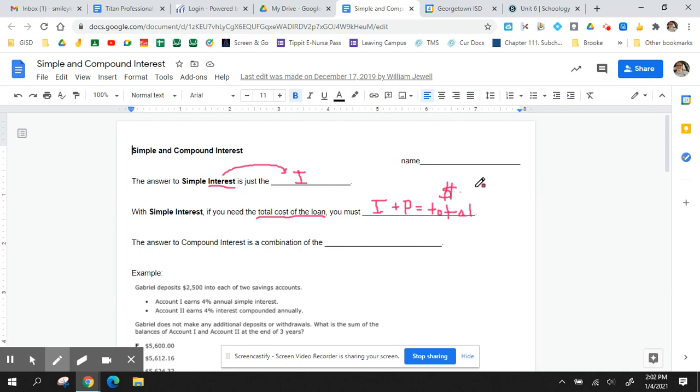So remember, your interest plus your principal, your starting amount, will give you your grand total payback money-wise. Now, a little bit different is if the answer is to a compound interest.